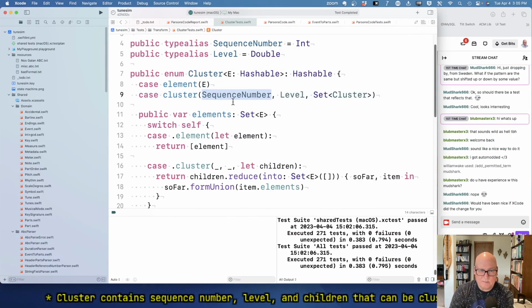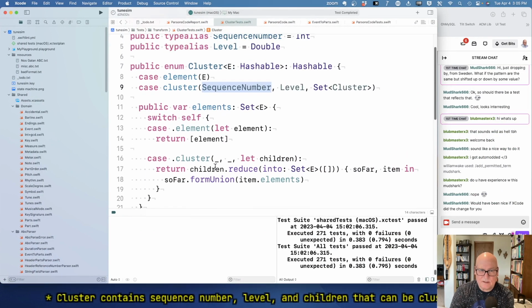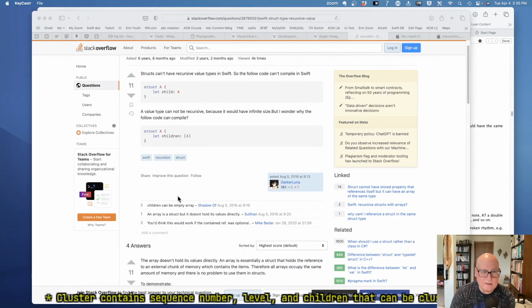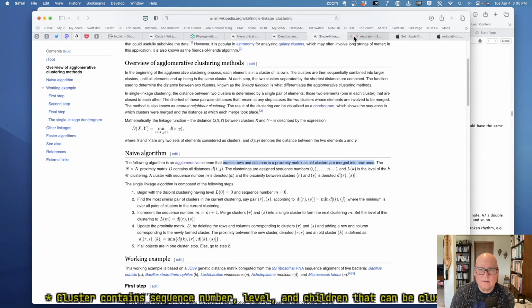It looks like maybe the algorithm doesn't care about sequence number. Maybe that's not right. Find two clusters, insert them, merge them to a single clustering to form the next cluster M. Set the level to the distance. Update the priority matrix. Rows and columns corresponding. Well, how weird. I never really use those sequence numbers for anything.